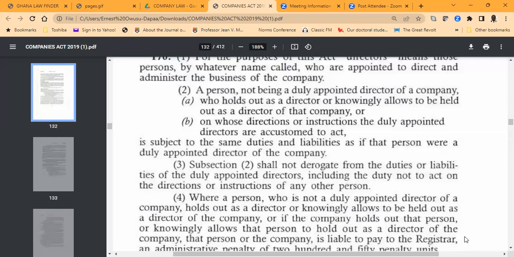Now, when you find yourself falling within any of these two scenarios, either you're holding yourself out or you allow yourself to be held out, or you are behaving as a shadow director, that is, you directing and instructing the duly appointed director, the law will treat you in terms of duties and liabilities in the same way as it will treat appointed directors.